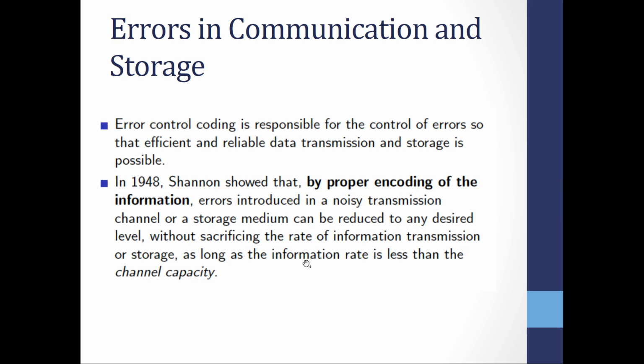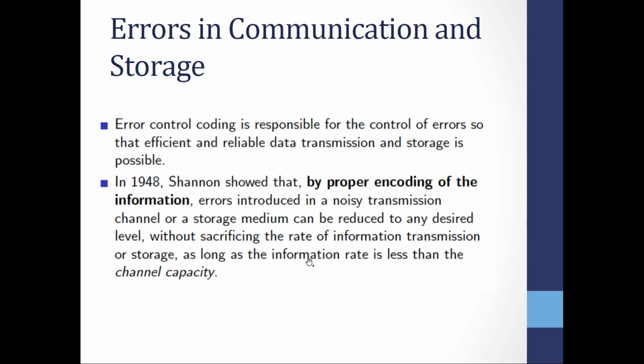This was the conclusion of Shannon's study in 1948: that you can design encoding schemes that can reduce the errors caused by a noisy channel to a very low level without reducing the rate of transmission, as long as the rate of your transmission is below the channel capacity.